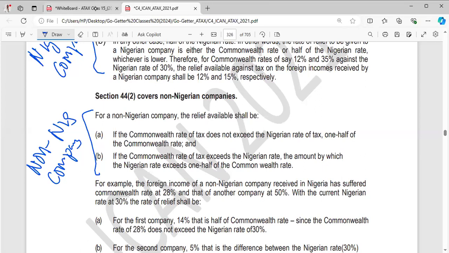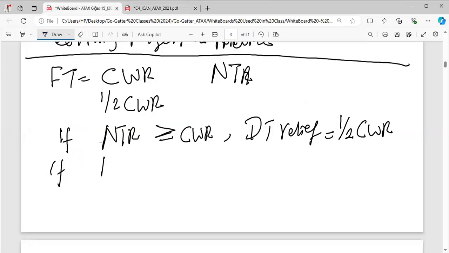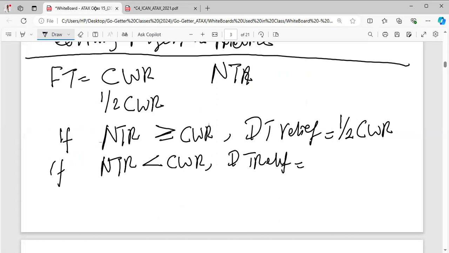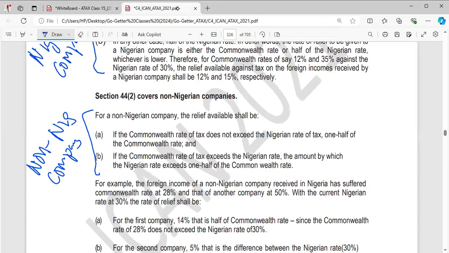So it's now saying if NTR is smaller than the CWR, then your DT relief will be NTR minus half of CWR. That is what it's saying. The amount by which the Nigerian tax rate exceeds one half of the Commonwealth rate of tax.